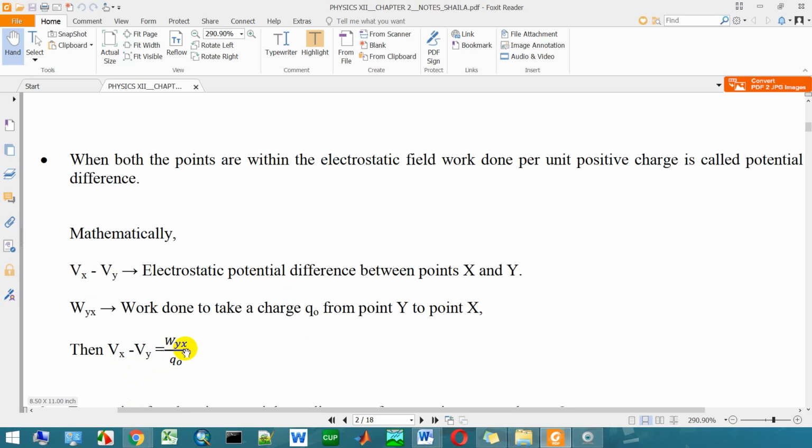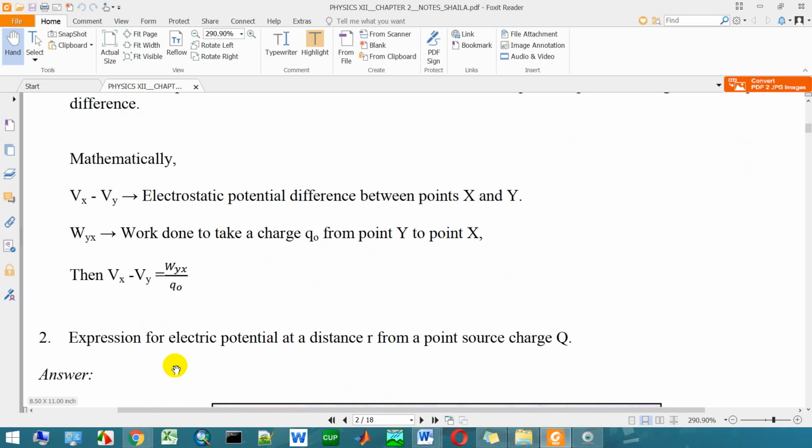This represents the amount of work done to bring a unit positive charge from Y to X. Vx is at greater potential, and that is the reason we write Vx minus Vy equals W from Y to X divided by Q0. So this is about electrostatic potential and potential difference. Hope it is very clear to you.